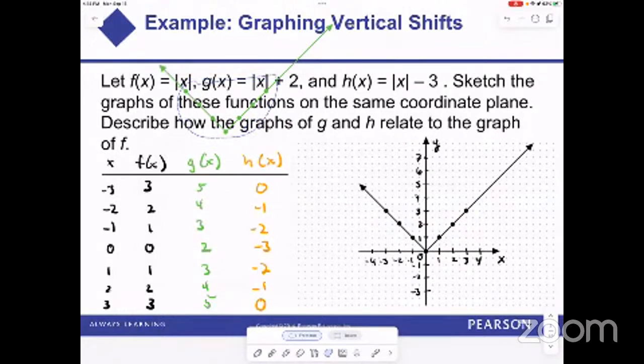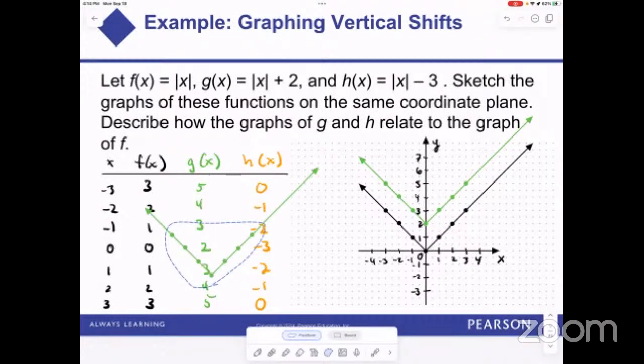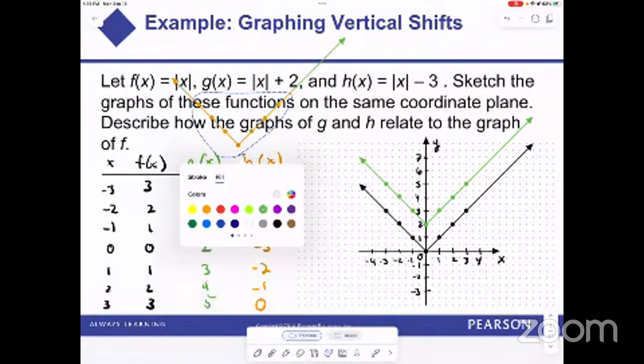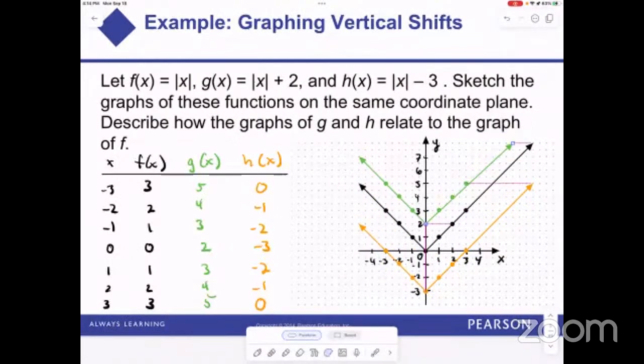All right, and so the vertex for g is at 2. So it's right here, right? Okay, and then we'll go to graph orange. Let's go here. Oh, and fill this. Okay. So the vertex for this one is at -3. Okay. And then let me just change my paper to get rid of these lines.